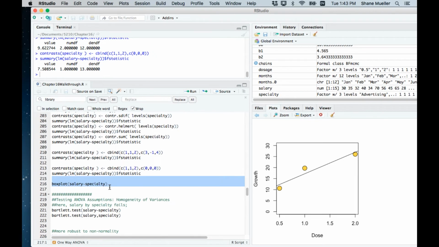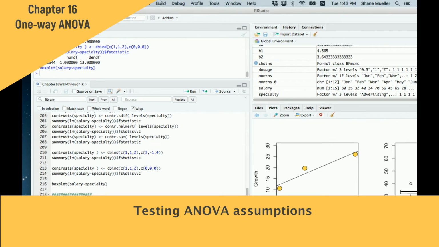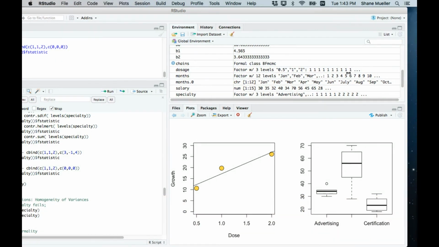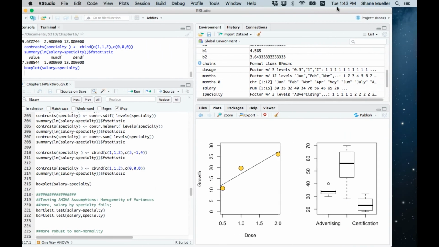So ANOVA is a special case of linear regression, but in some software packages, regression is an add-on that you don't get unless you pay extra for, even though ANOVA uses the same tools underneath it.